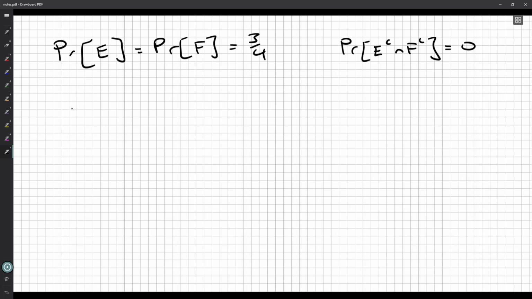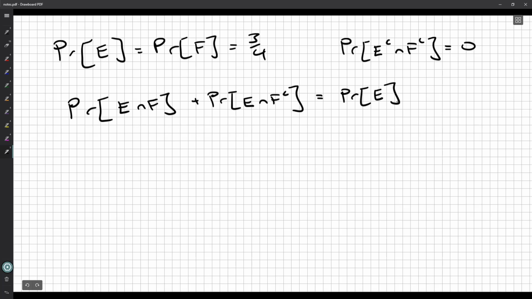Well, I would like the probability of E intersect F. Now, I know that if I also had the probability of E and F not happening, those two add up to the probability of E. Well, I know this. This is 3/4.